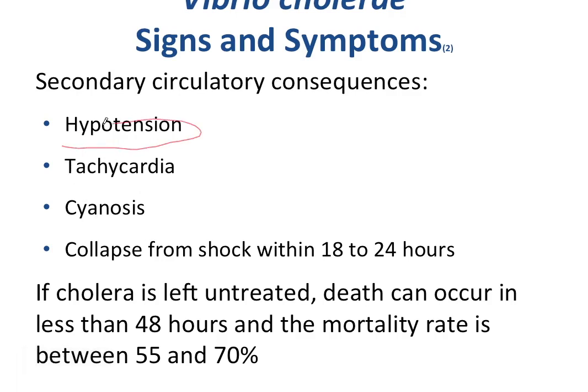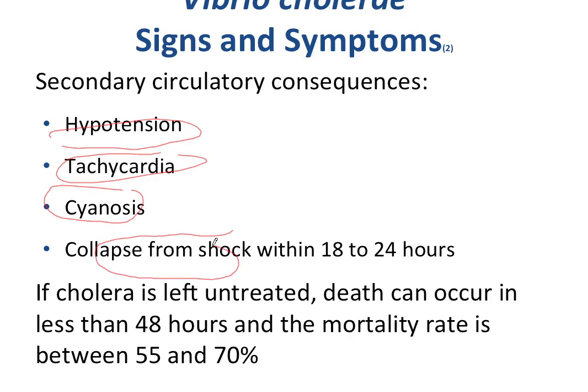So this is a symptom of shock. Okay, also tachycardia, cyanosis, because the patient doesn't have enough blood, so many tissues are short of oxygen, and eventually the patient will have shock. Okay, shock. So if the patient is not treated, the patient will die.